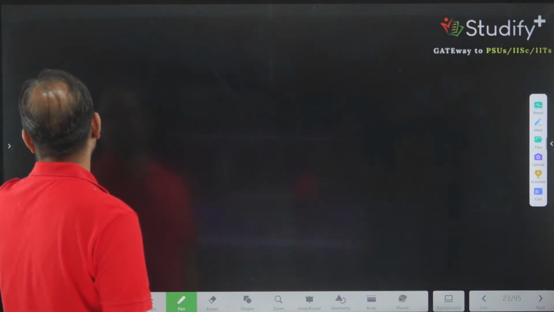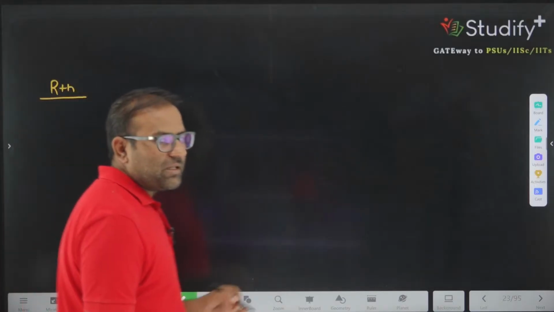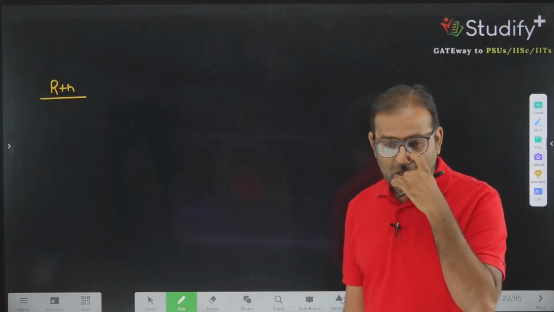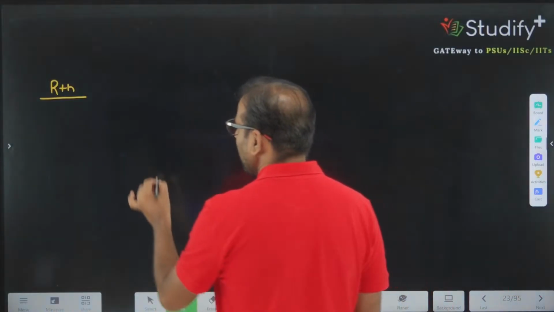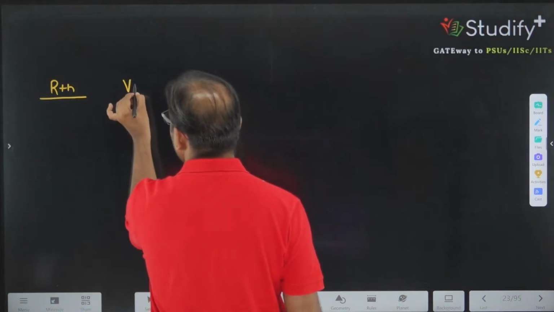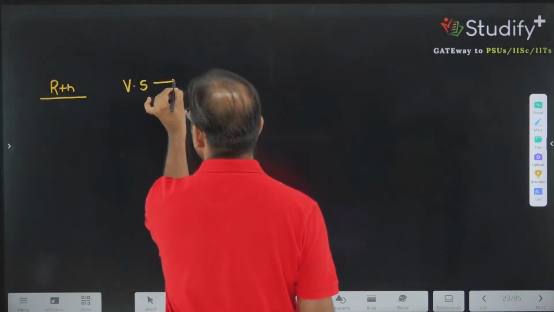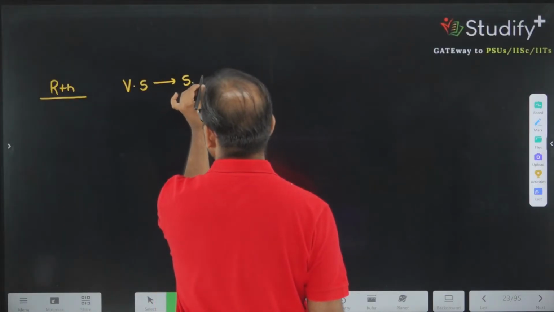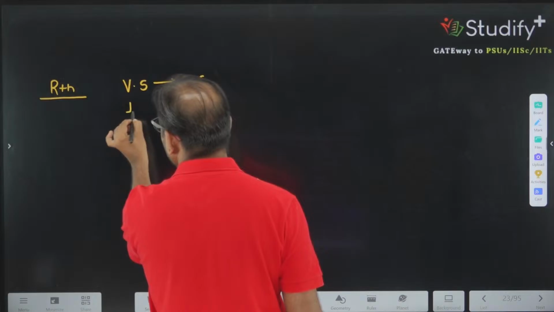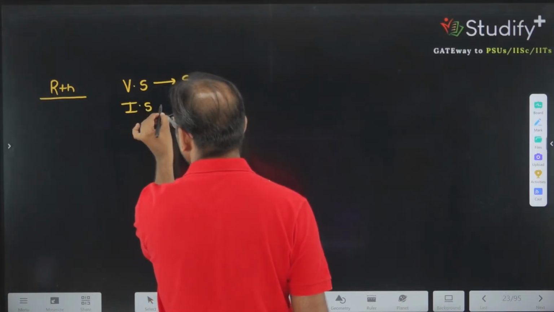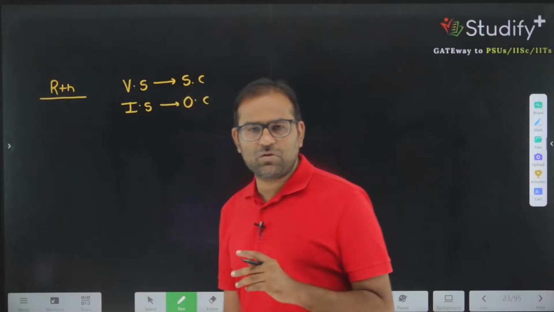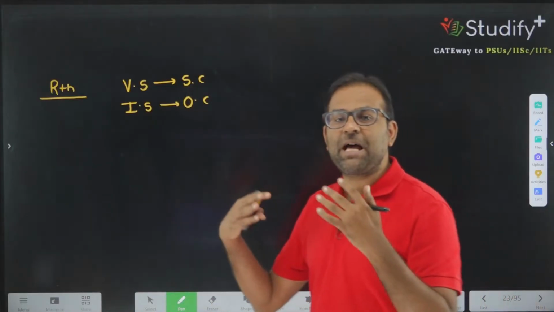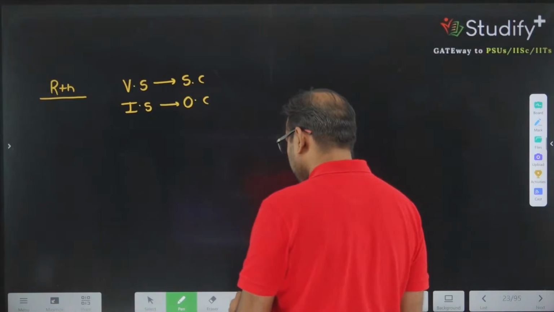Let's recall that theory. You can calculate the RTH by making all independent sources equal to 0. Means you can replace the voltage source by its internal resistance, or you can say by short circuit. You can replace the current source by open circuit. So deactivate all the sources from the circuit and apply a test source from outside.